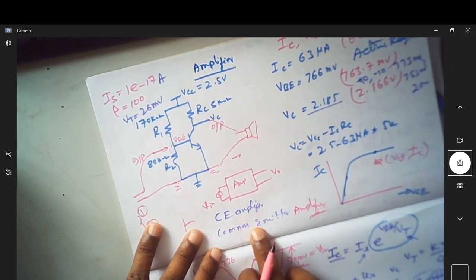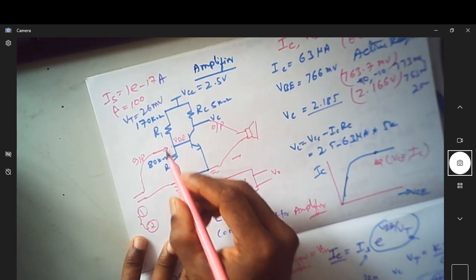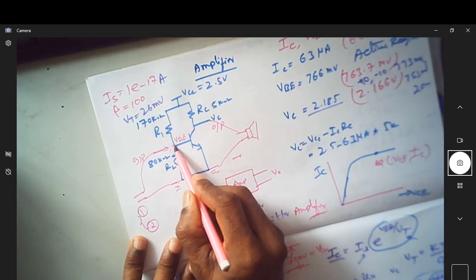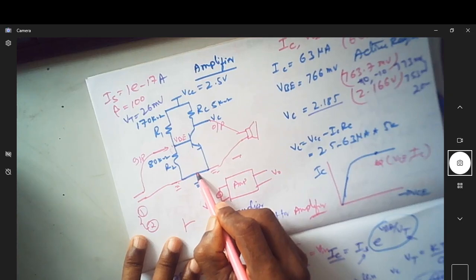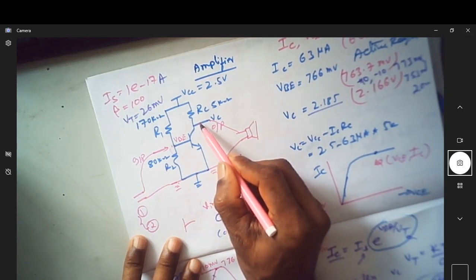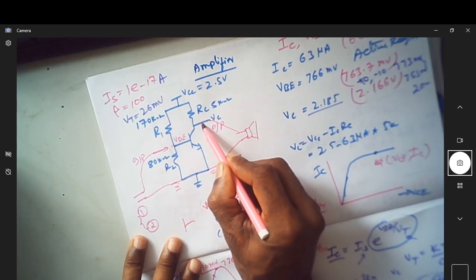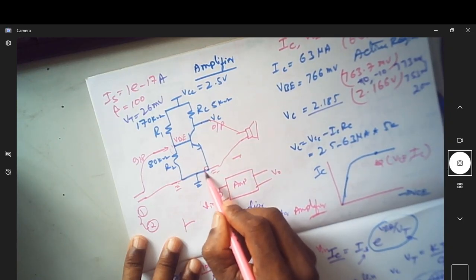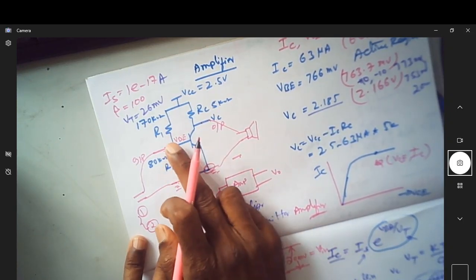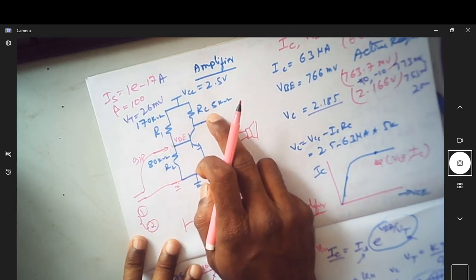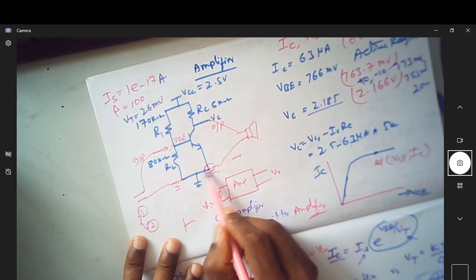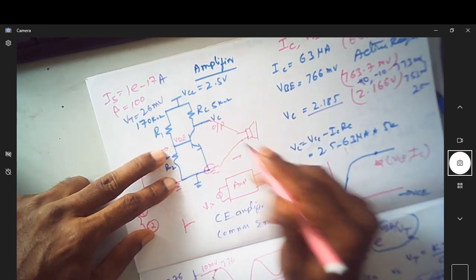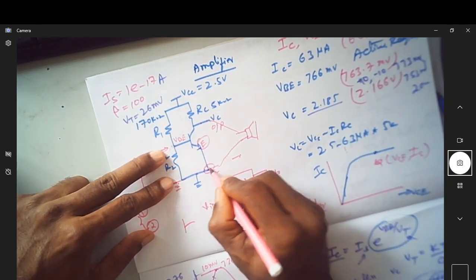Why is it called common emitter amplifier? Let me tell you why it is so. Are you applying the input here with respect to ground? Are you measuring the output voltage here with respect to ground? So do you have one terminal common when you are applying the input or when you are measuring the output? Is this ground common while measuring the input voltage and the output voltage? Is this emitter grounded?